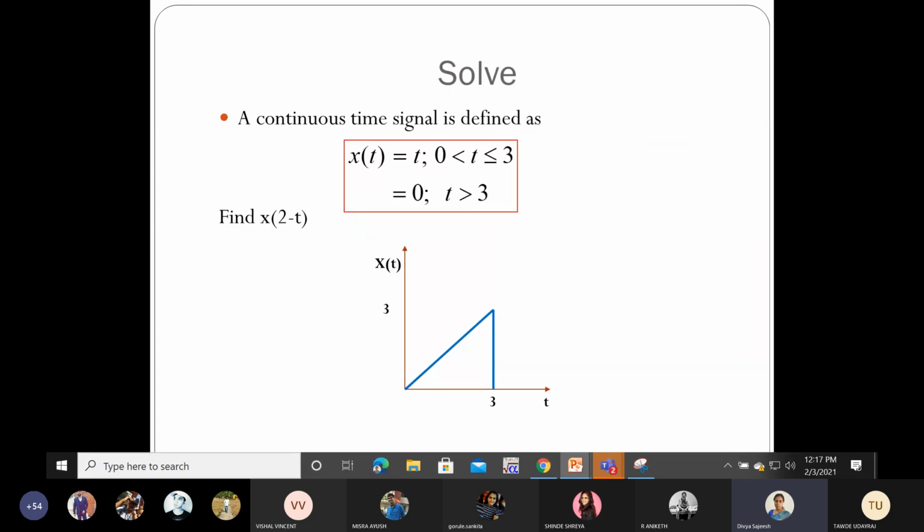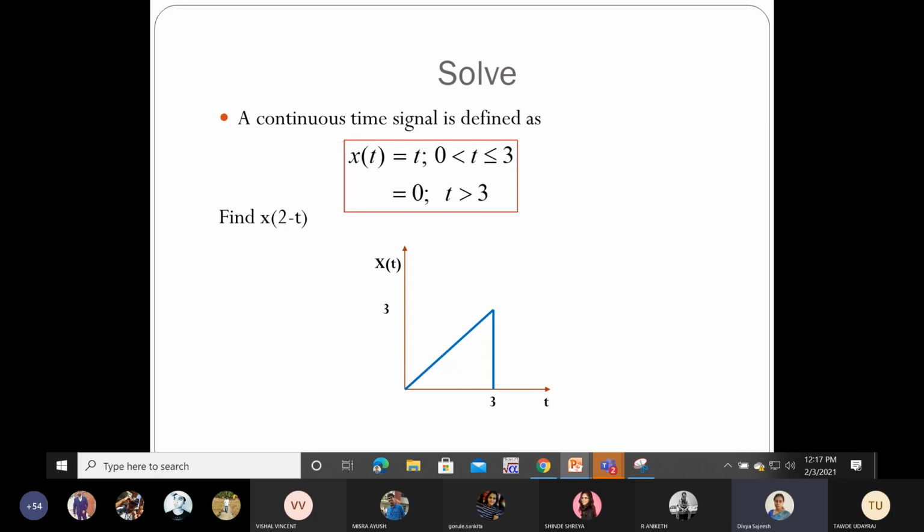So a continuous time signal is defined as x of t equal to t. Sometimes the signal will not be given. You will be given the definition of the signal and you may have to draw the signal. So this was the definition of the signal, x of t equal to t. So that is a ramp signal. But they have given the limits of the ramp, 0 less than t less than or equal to 3.